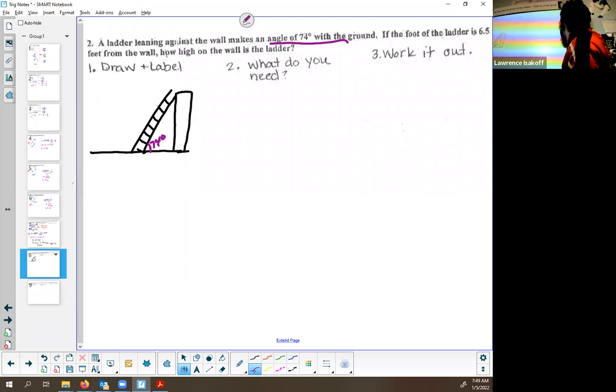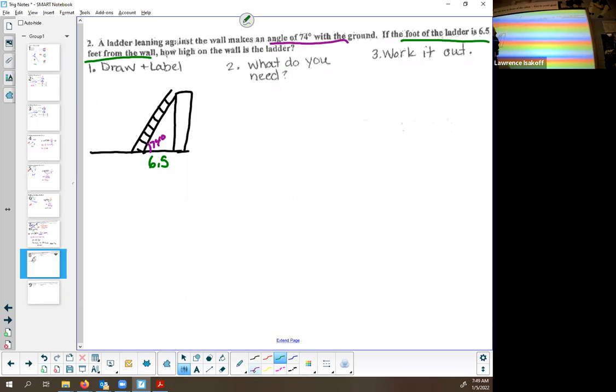Okay? If the foot of the ladder is 6.5 feet from the wall, that will be across the ground. So that's down here. This is 6.5. I'm pulling that from here. So it's 6.5 feet from the wall. I want to know how high on the wall the ladder is.